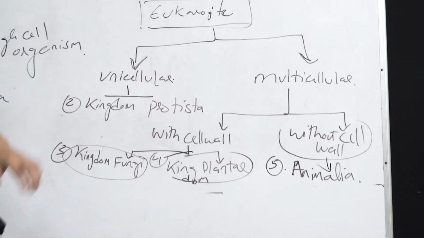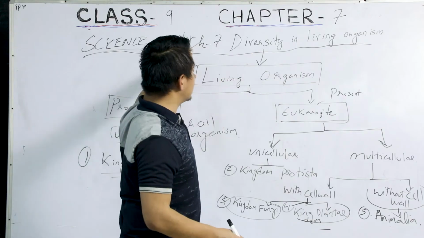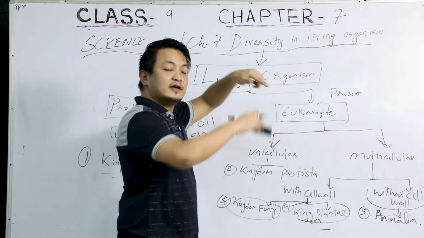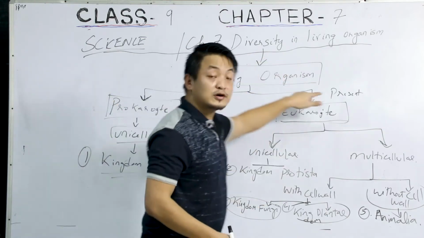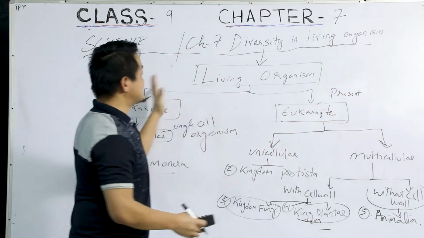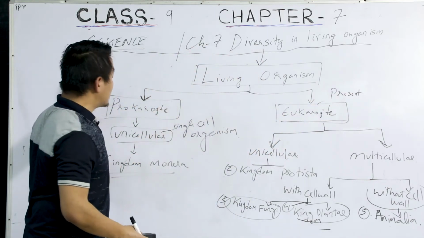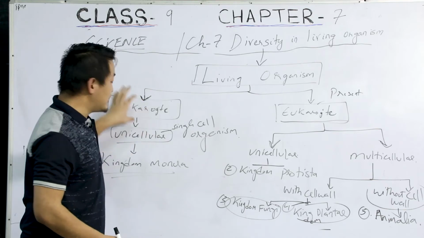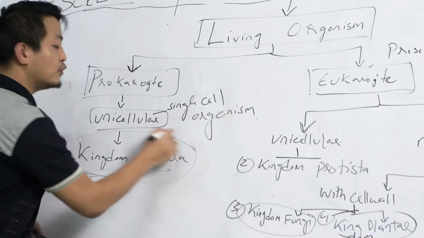So students, this is all about the general classification. First we have living organisms, then we have prokaryote and eukaryote. First let's discuss prokaryote. Prokaryote means they are unicellular, and we have this kingdom Monera present here.